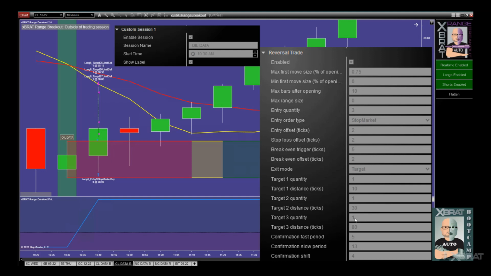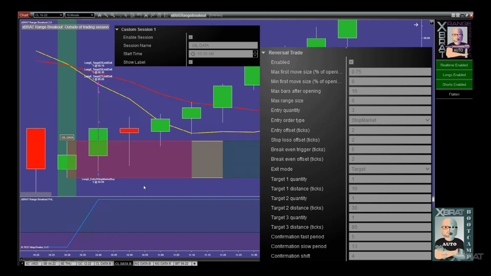Again, the exit mode is target. So what we're looking for again is we're defining that 10 minutes before that oil data comes out. It's a bearish bias. So I've got 2 chart sets. If you look at the bottom here, I've got CL data B, which is breakout, and CL data R, which is reversal.